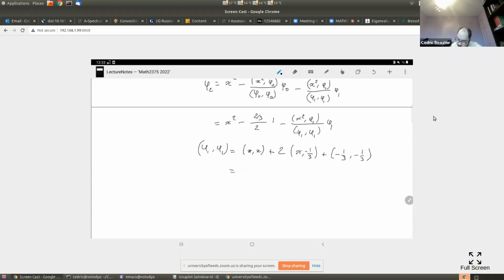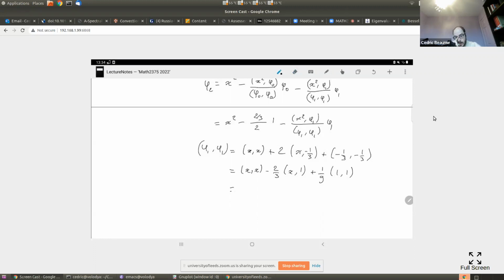So what I get there is, obviously, x with x, minus 2/3 x with 1, right? Because constants come out of this inner product. And then here I get plus 1/9 of 1 with 1. Okay, so I get all that.